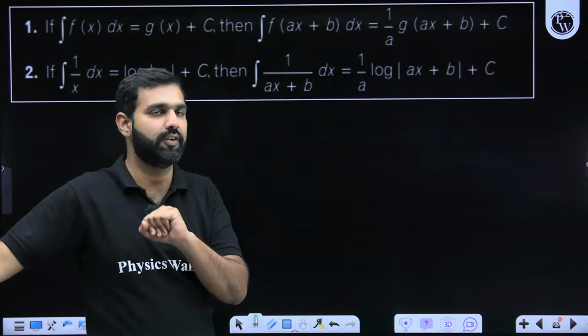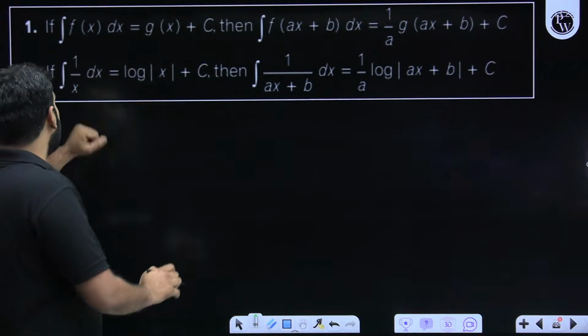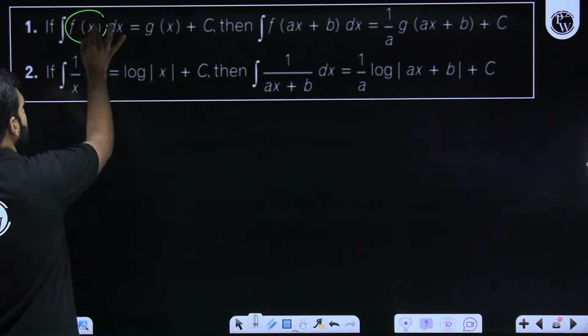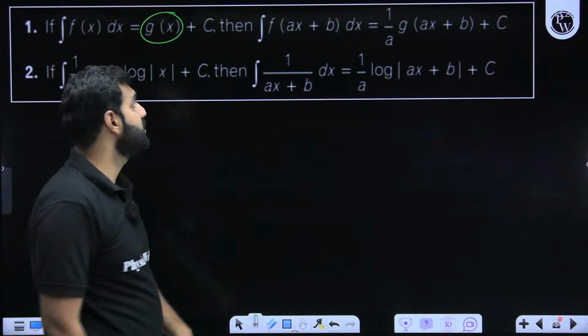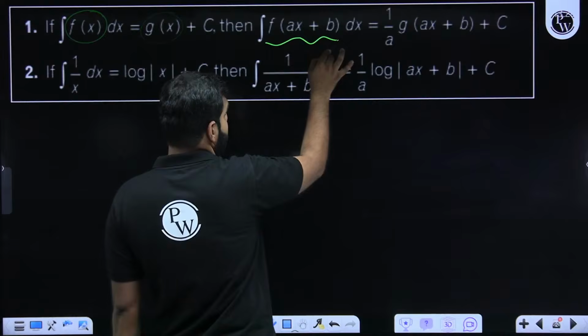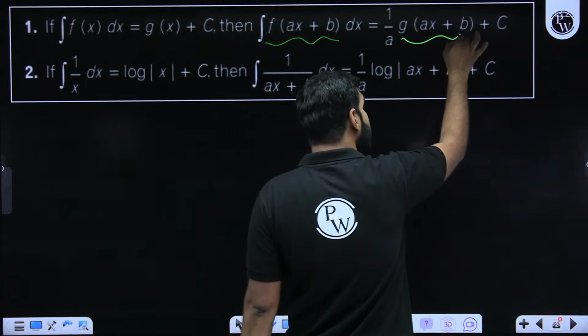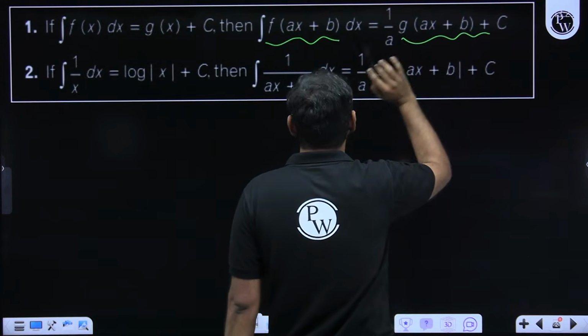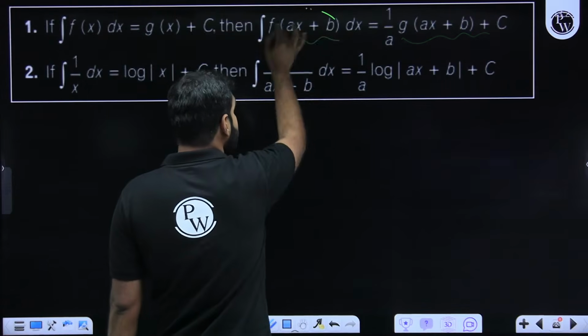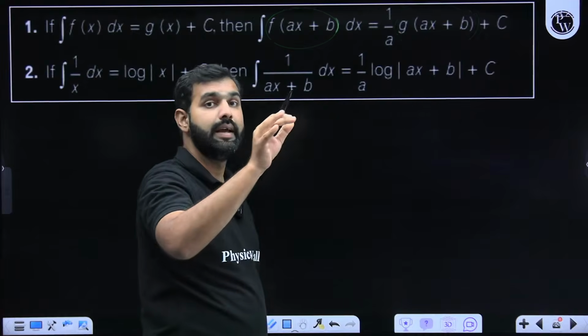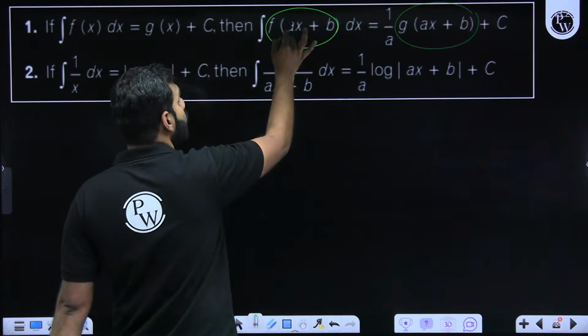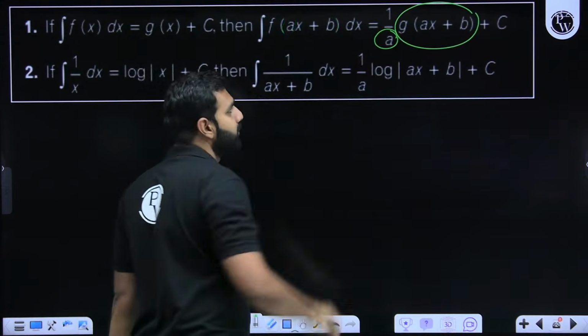What I'm trying to make you understand is, let's say we know that integration of f of x is g of x. So integration of f of ax plus b will be g of ax plus b divided by the coefficient of x, which is a.